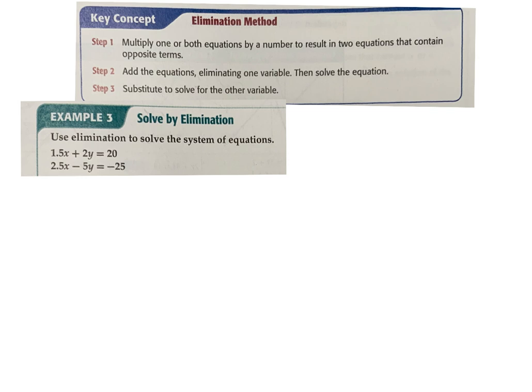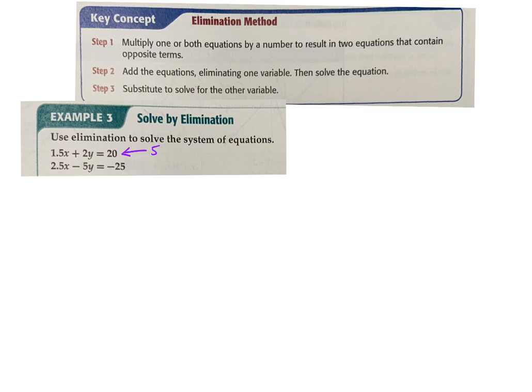Now, in order to eliminate, one has to be positive and one has to be negative. In this case, one already is positive and negative. So we're going to do it the way the book did it, and then I'll show you how to get rid of the decimals at the last step, okay? So what I'm going to do is take this top one and multiply that whole entire group by 5.